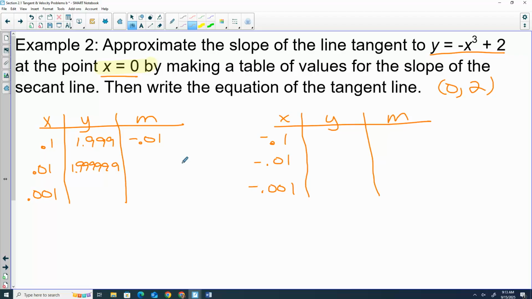So now we do our slope. 2 minus my 1.99999 over 0 minus 0.01. And I get negative 0.0001.